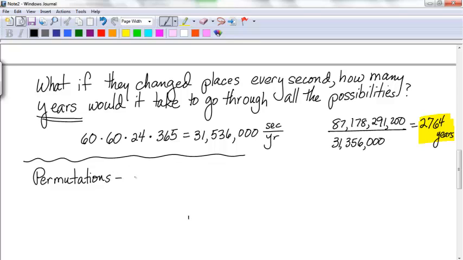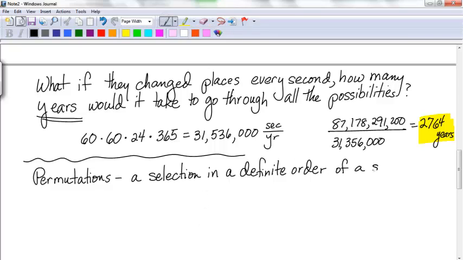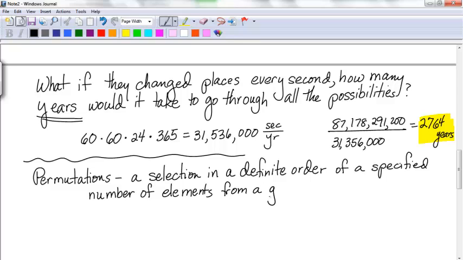A permutation is a selection in a definite order of a specified number of elements from a given set. And this is the critical part. It is in a definite order. In permutations, the order makes a difference.